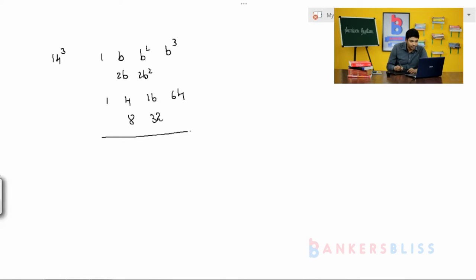So now 64, unit digit is 4. You add 6 here, 6 plus 6 is 12, plus 2 is 14. 4 is the unit digit. 1 you add, 1 plus 1 is 2, plus 3 is 5. This 5 you have to write here. 5 plus 4 is 9, plus 8 is 17, 7, 1 carry over. So 1 plus 1 is 2. So the answer is 2744.